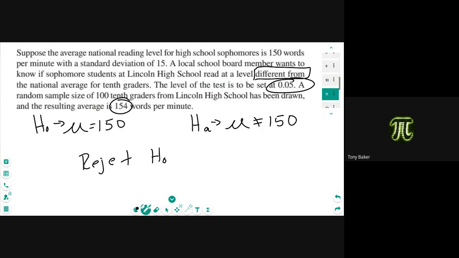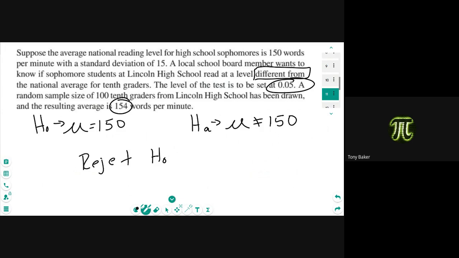That's what the rejection means: we now can state that they are reading at a different level. Notice I did not say at a higher level. You always have to go back to what your alternate hypothesis was. So in this case, we're going to say that the Lincoln High sophomore students are reading at a different level from the mean because we rejected our null hypothesis.